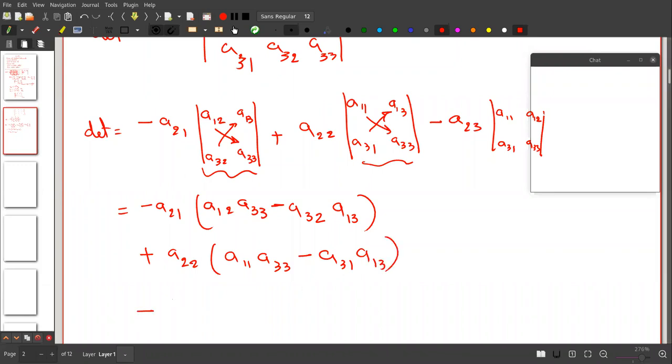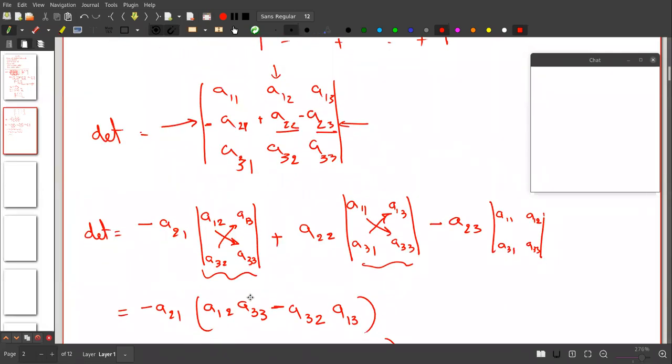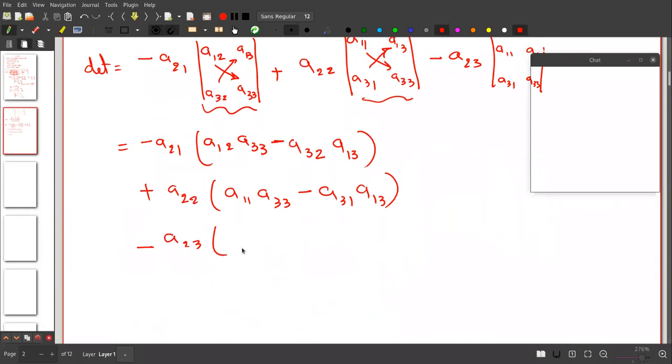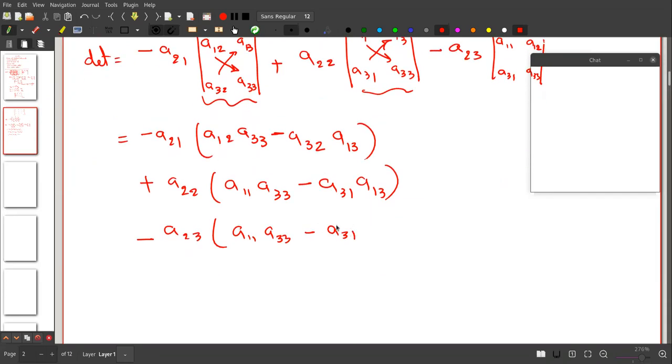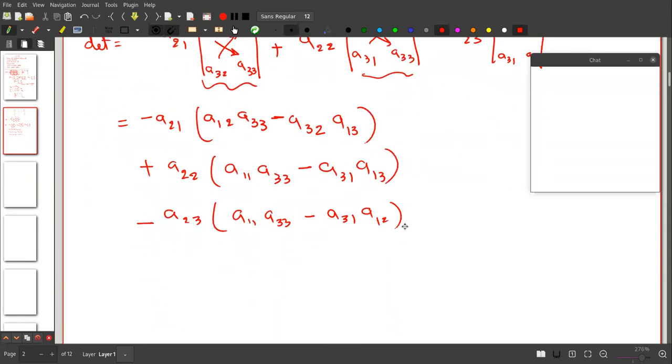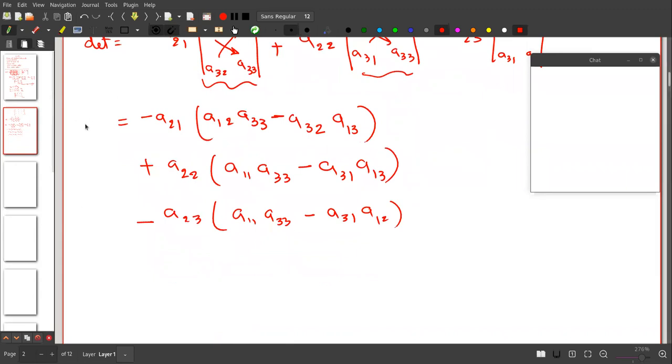Then again minus A23. We write the term, A11, A32 minus A31, and A12. Okay, so this will give you the determinant.